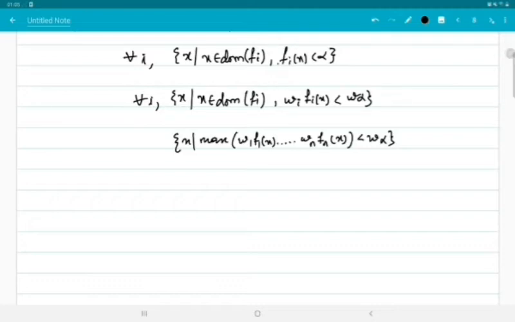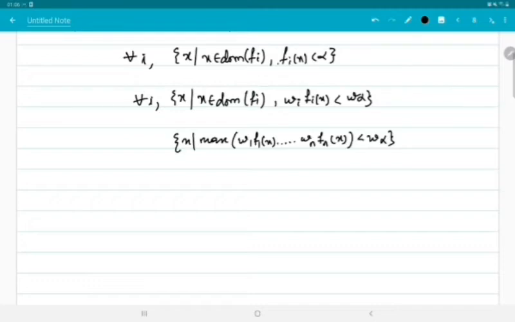So this set is a w alpha sublevel set of the max function. What we did is take the intersection of all these sets, and all these alpha sublevel sets were already convex.